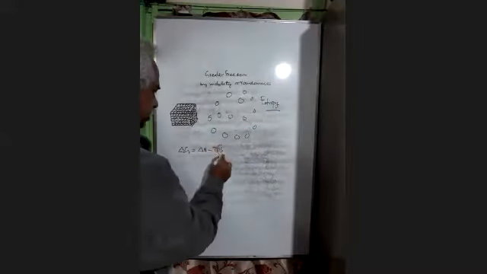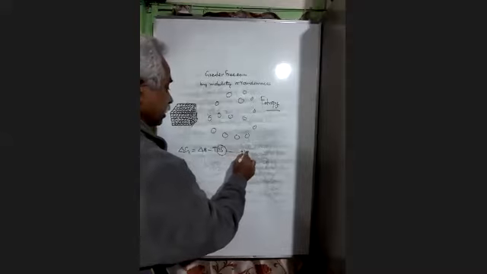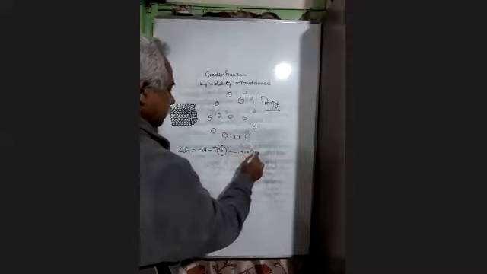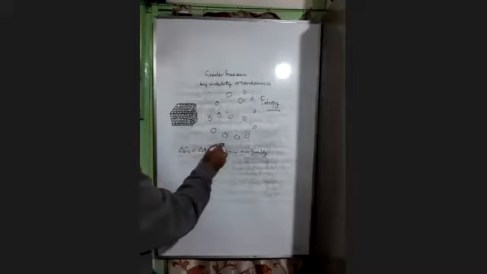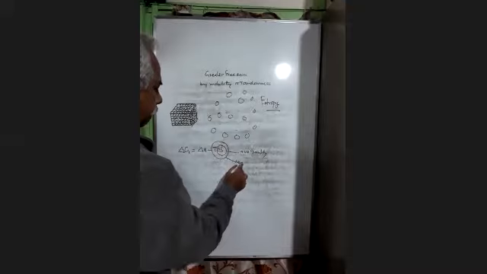So this T into delta S is a positive one. But because minus sign is there, the whole thing is negative.